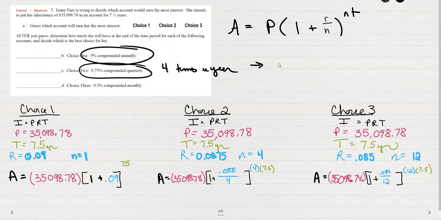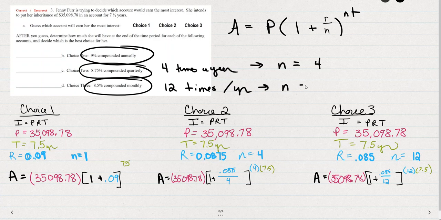Quarterly would mean that n, the number of times it's compounded, is 4. And the best is going to be compounding monthly. So that's 12 times a year. Or in other words, n, the number of times that's compounded in a year, is 12.